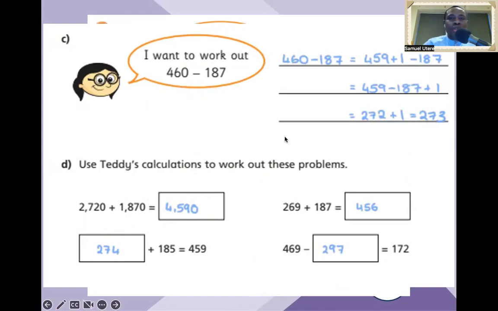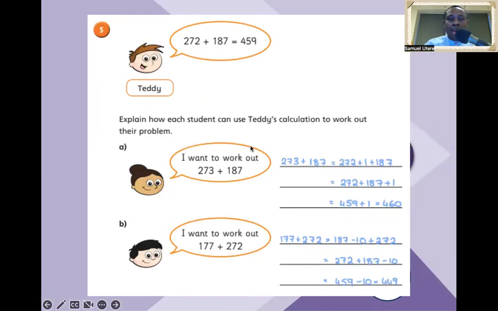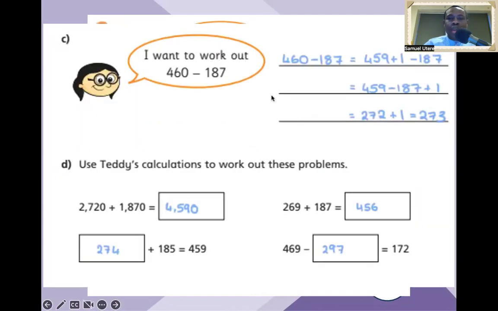For questions C and D, she says, I want to work out 460 minus 187. Using these known facts, how could we do this calculation?